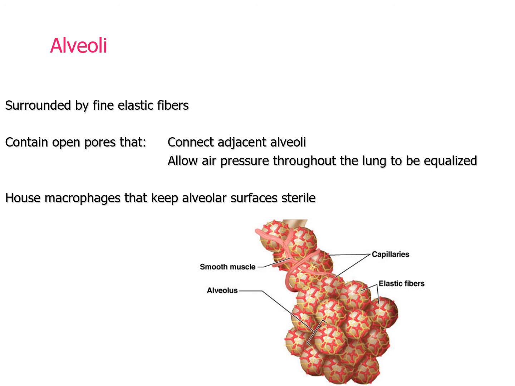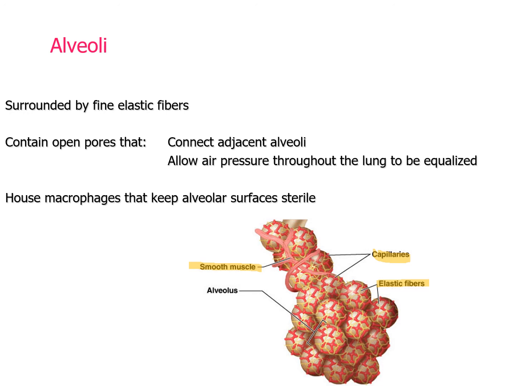The outer surface of the alveoli are surrounded by capillaries where you get gas exchange, but there are also lots of elastic fibers that give this tissue a stretchy nature. And there's also bands of smooth muscle that allow for some dilation and constriction, depending on whether they're relaxed or contracting.